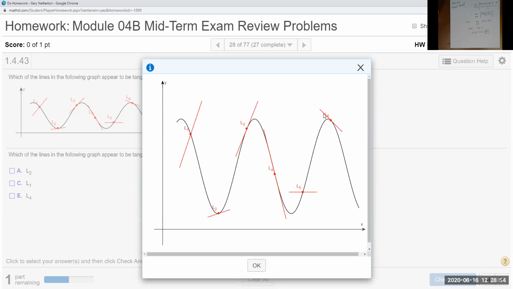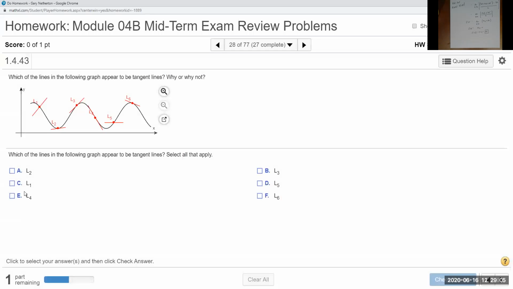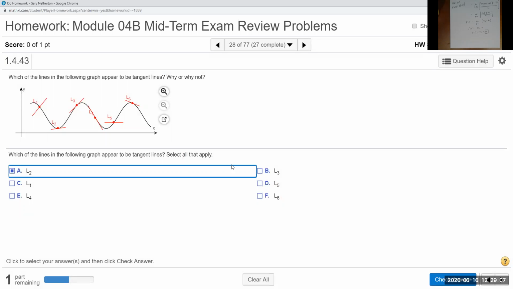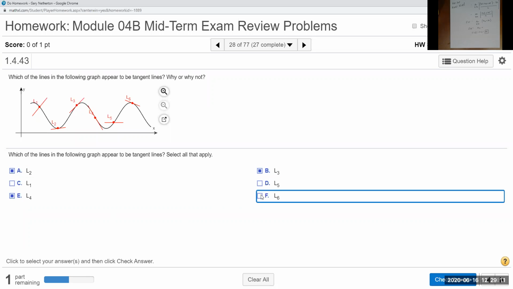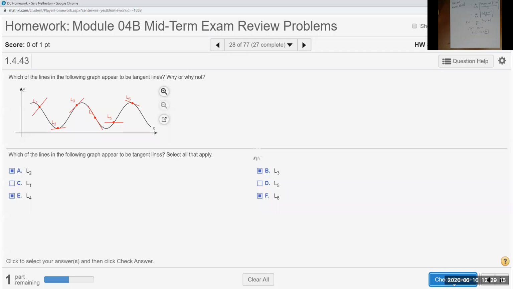L5 is not. L6 is. So it looks like 2, 3, 4, 6 are tangent lines. Those are the tangent lines. So once again, tangent lines, pretty easy to understand.